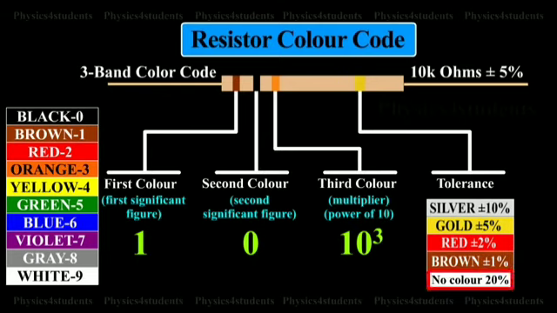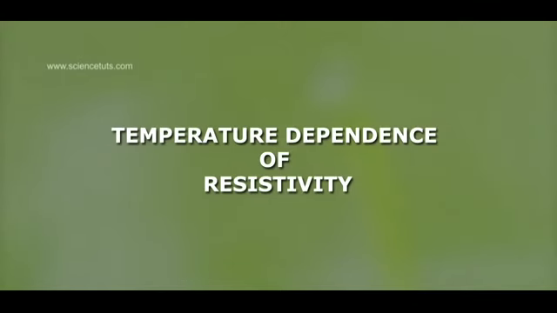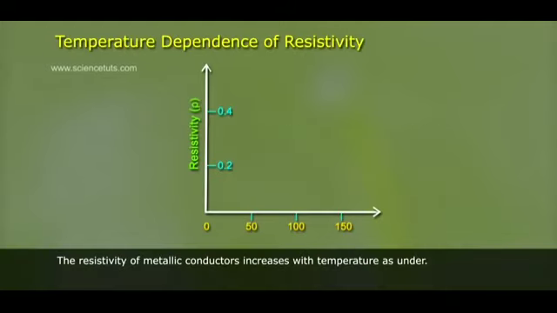The tolerance of the resistor is 10% or 5%. If there is no fourth ring, the tolerance is 20%. For the resistor: green 5 is the first digit, blue 6 is the second digit, orange is the decimal multiplier 10 power 3, and gold is the tolerance 5%.